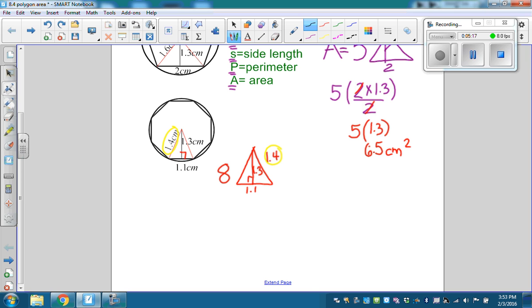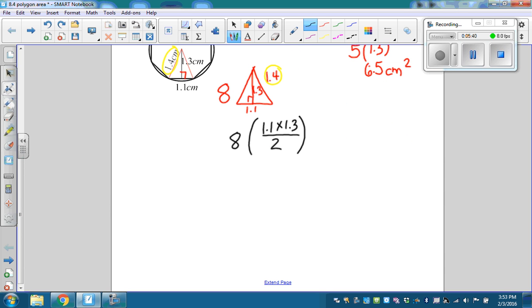So here, we're just going to do 8 times the area of the isosceles triangle, which is 1.1 times 1.3 divided by 2. And figure that out. So that would be 8 times 0.55 times 1.3.